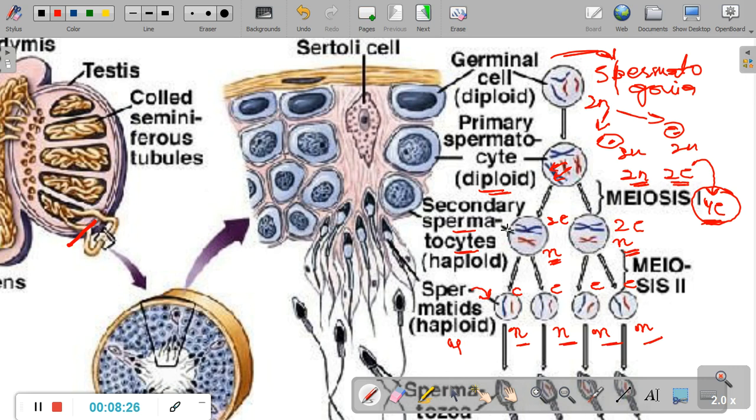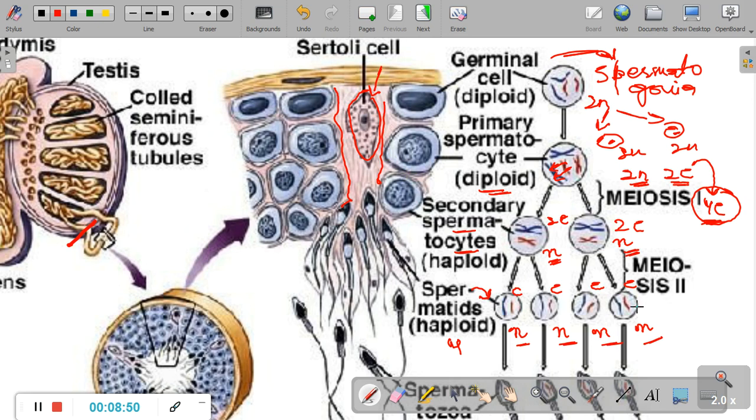Now these spermatids are immature, and what happens to these spermatids is that there are these large cells present in the seminiferous tubules. You see here, this cell right here in this space around, this particular cell is called the Sertoli cell, and the function of the Sertoli cell is to nourish and lead to the maturation of these spermatids.